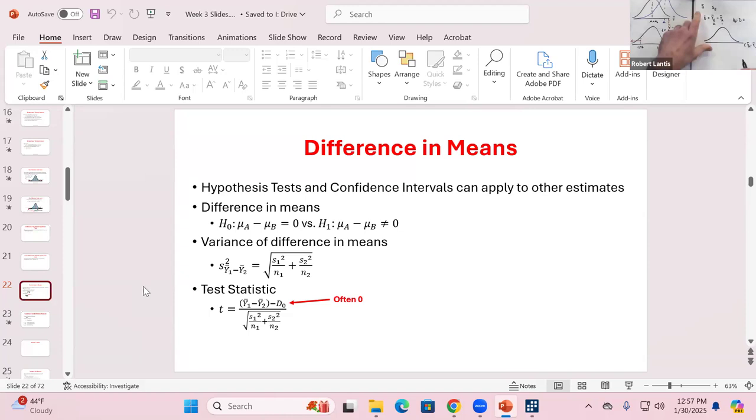If they were exactly the same, this difference would be 0. So I'm going to start out assuming, and this is what we're going to do with linear regression, everything pretty much for the rest of the semester, that there is no difference. We start out stacking the deck against ourselves, assuming the mean difference is equal to 0.